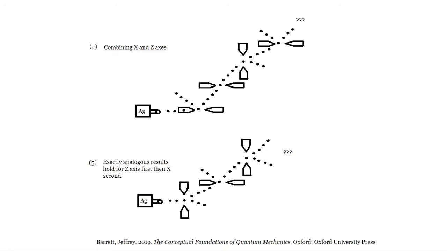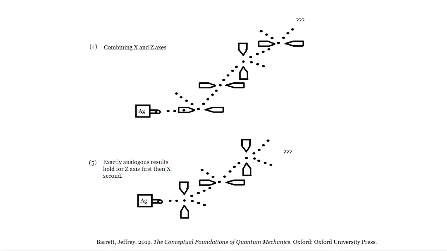The reason for this is that x and z-axes, and this applies to y-axes as well, any kind of orthogonal measurements, are such that the more precisely you measure one set of measurements, the less precisely can you measure the values of the other orthogonal set. So here, the more precisely you can know the x spin, the less precisely you can know the z spin values. And as you can see from experimental setup number 5, exactly analogous results hold for the z-axis measured first, then the x second.